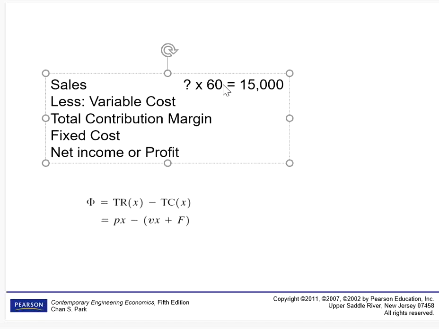Now this is what is given. So we can find the number of units sold from here, right? How? 15,000 divided by 60.